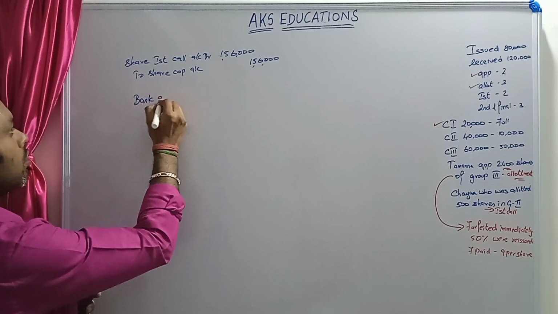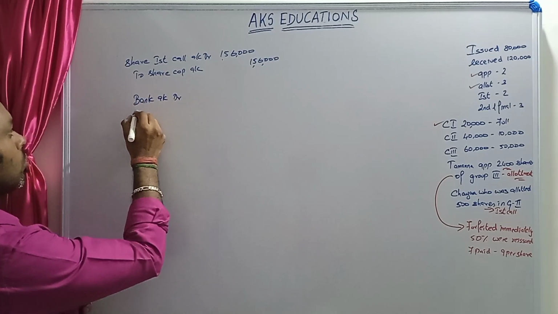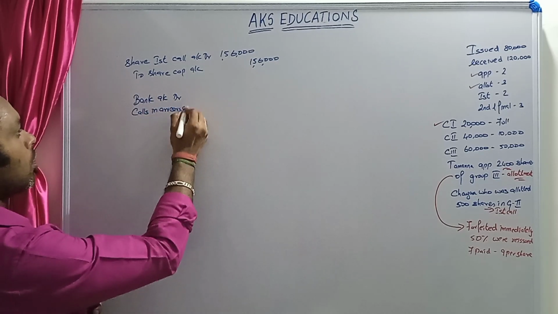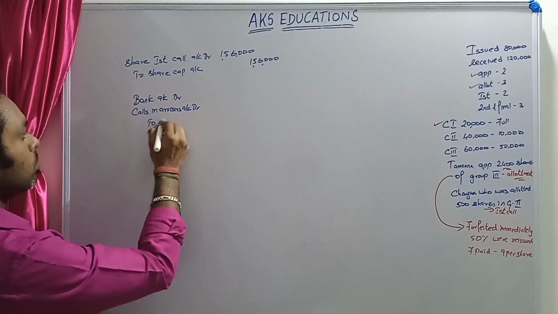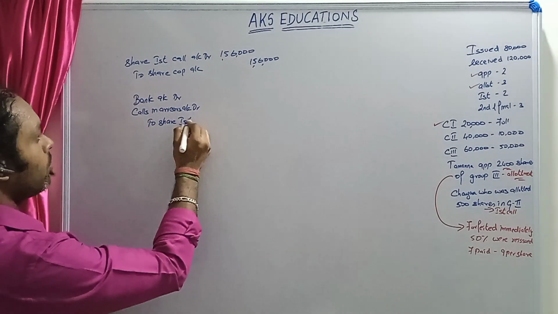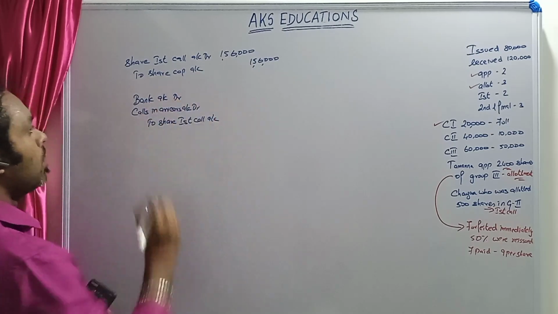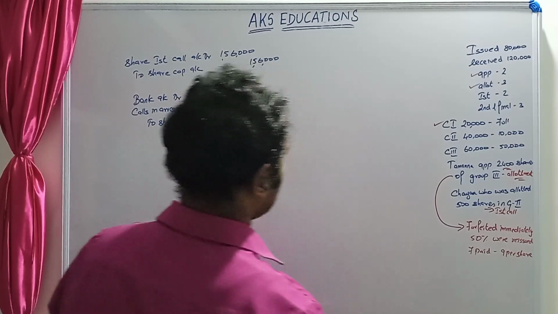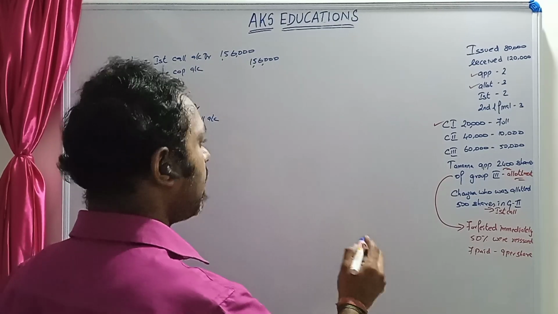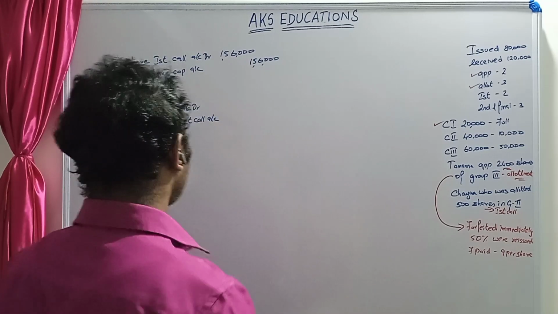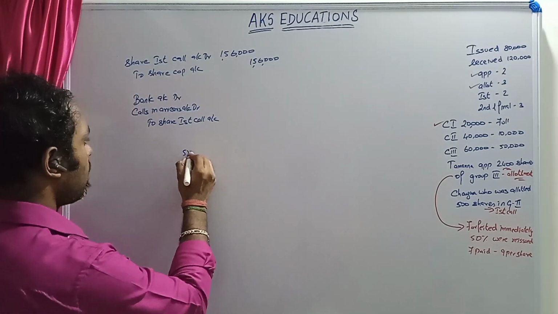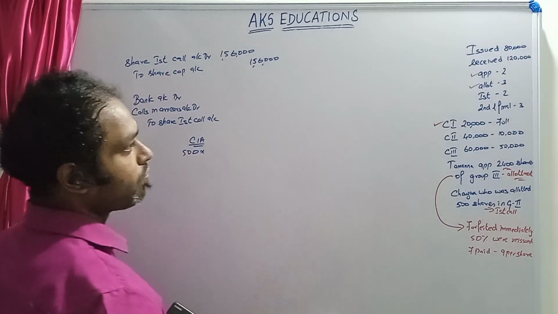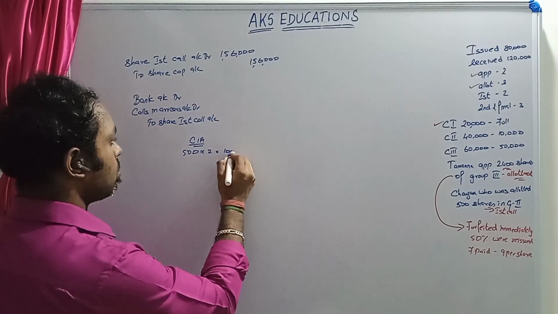So bank account debit, calls in arrears account debit, to share first call. So what's calls in arrears? So over here we can see the next person who's Chaya, who was allotted 500 shares in group 2. So calls in arrears, 500 into 2 rupees, that is 1,000.